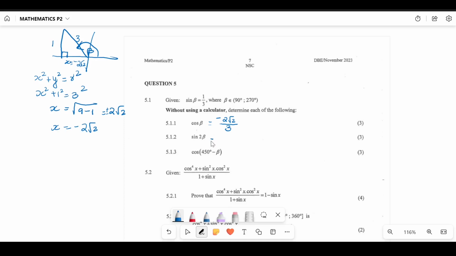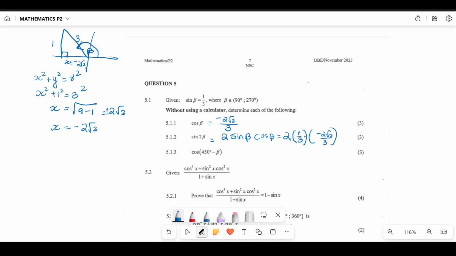Now 5.1.2, sin 2 beta. Use the double angle formula, which is 2 sin beta cos beta. Give the values of sin beta and cos beta. Sin beta is 1 over 3, already given. Cos beta, just now found, is negative 2 root 2 over 3.